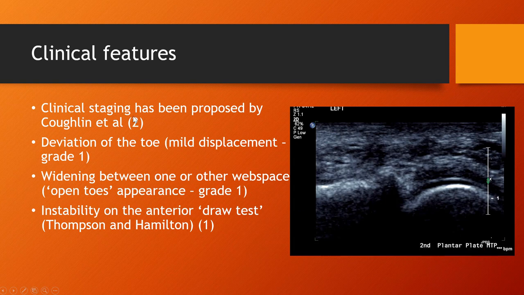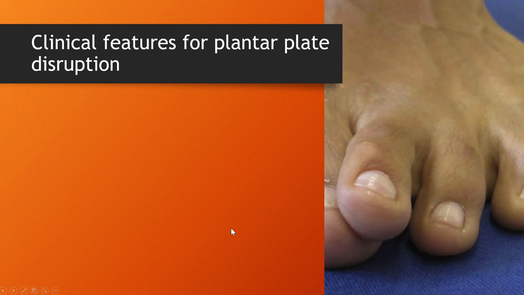So there's clinical staging that's been proposed by Coughlin et al., and I'll give you the reference. Deviation of the toe, mild displacement, is considered grade 1 clinically. If we see widening in the web spaces, open toes is what it's called, that's grade 1. And instability on the anterior draw test is another clinical feature. This is a very severe clinical feature called crossover toe.